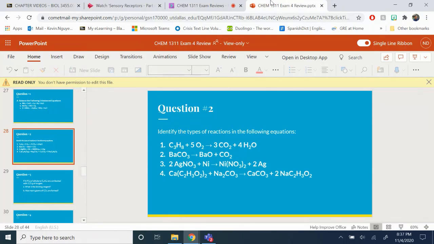One reactant breaks apart into multiple products. Then we have a combustion equation, like the first one we were doing. In combustion, you have a compound, and it reacts with oxygen and heat. The heat will typically not be in the equation. And it forms carbon dioxide and water. So those are indicators for a combustion reaction.